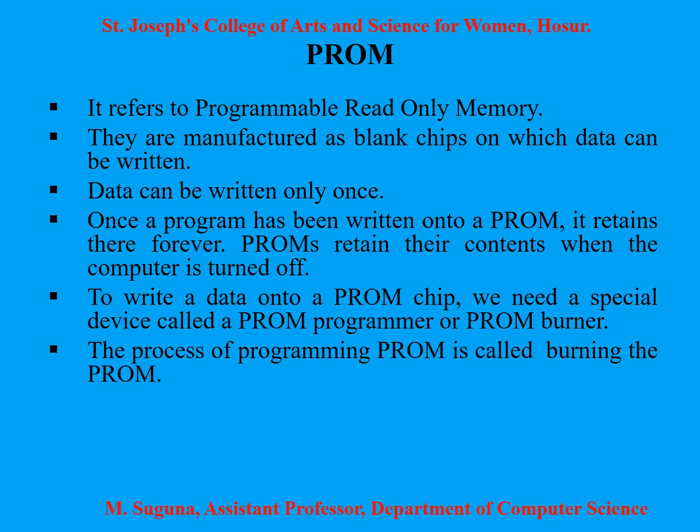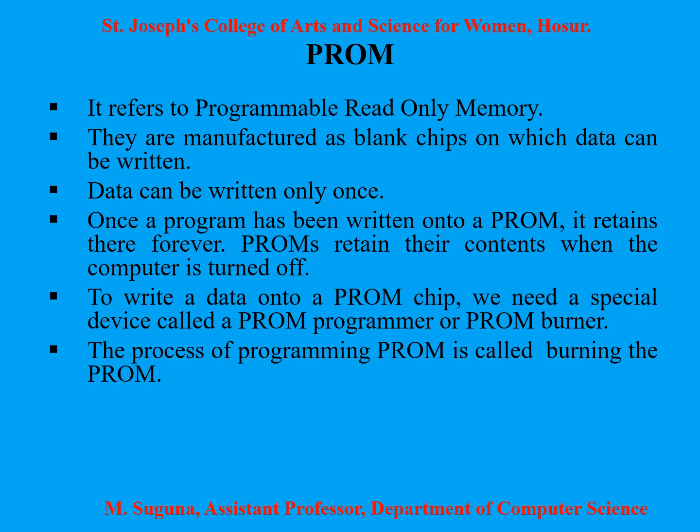Once a program has been written onto a PROM, it remains there forever. PROMs retain their contents when the computer is turned off. To write data onto a PROM chip, we need a special device called a PROM programmer or PROM burner. So the process of programming a PROM is called what?